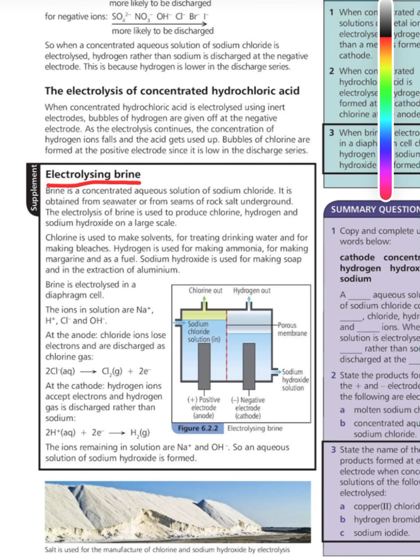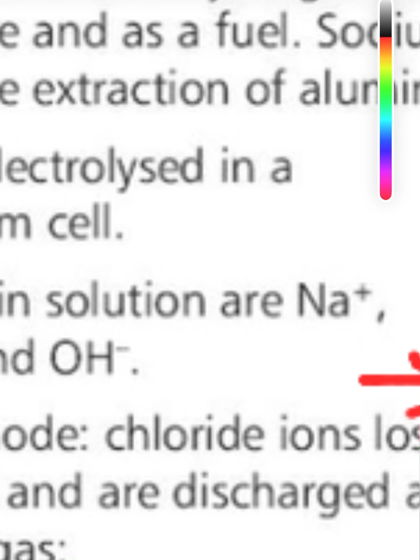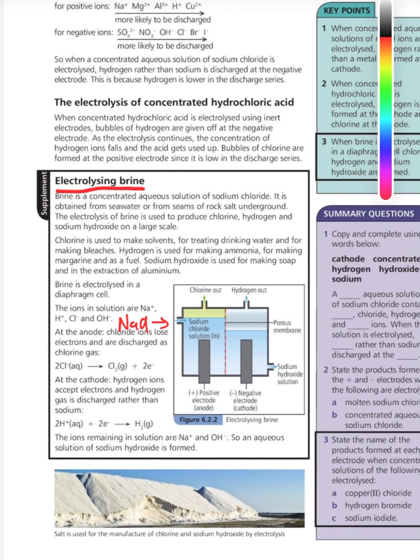So what we have when we put brine into the electrolytic tank, remember brine is sodium chloride, and it enters through this pipe. This is sodium chloride. All right, that's okay. So what happens is that having brine, I also have an aqueous solution.